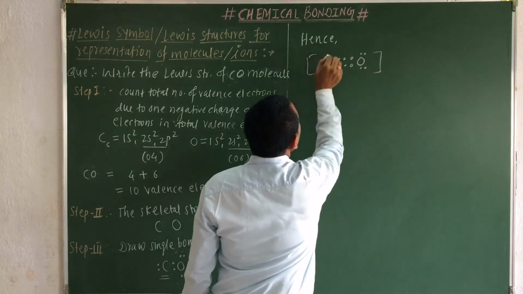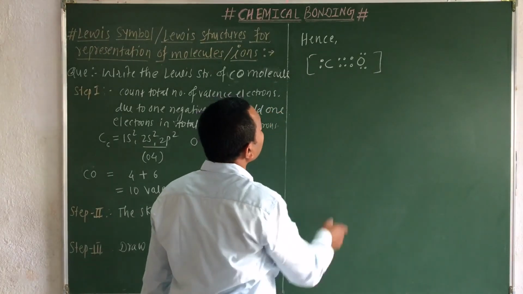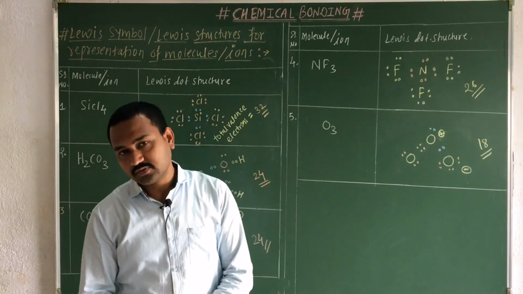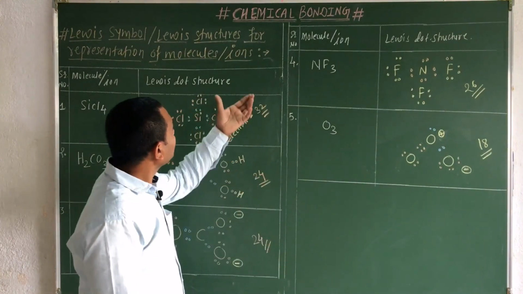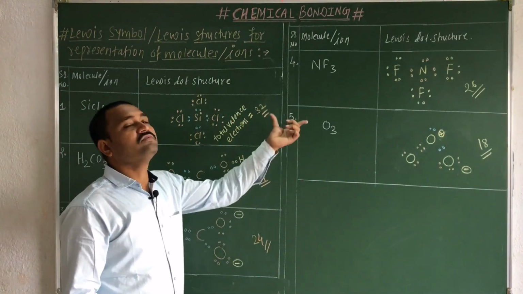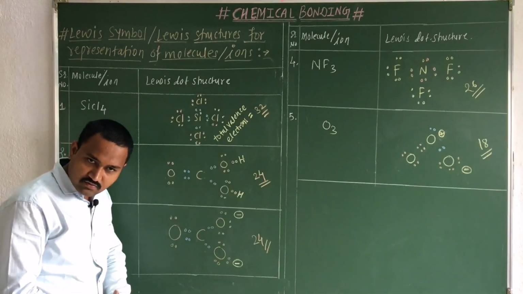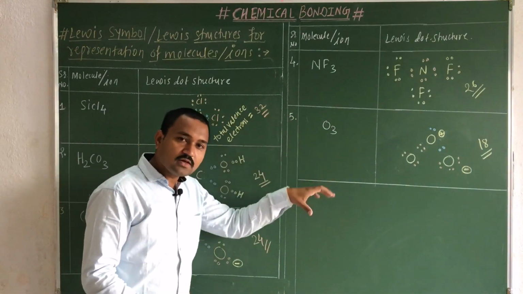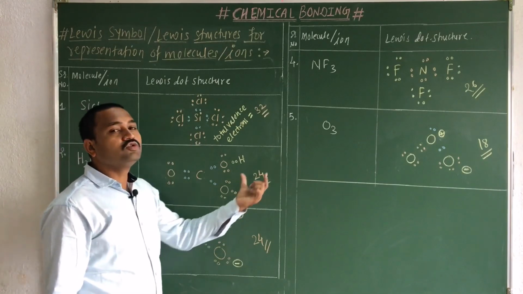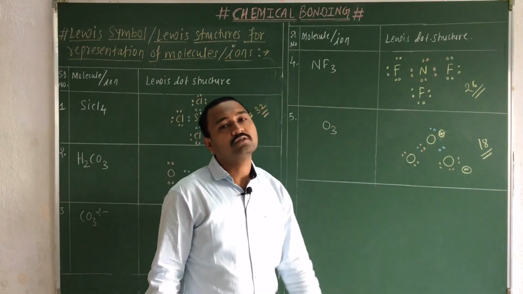So this is the Lewis structure for your CO molecule. In this manner we have to apply these steps. I have written a few other examples on the board which are very important. Take a screenshot of them and apply our rules to these molecules or ions.